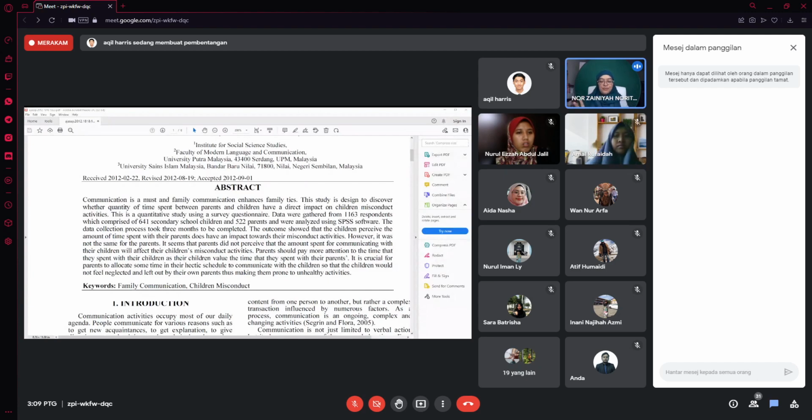Okay, let me see if I can explain this better. Let's say, for example, we have this issue, this problem of misconduct activities, right? We don't know yet. If we read further, we'll probably know what this misconduct is. So we have this notion that maybe time spent with parents would somehow help.